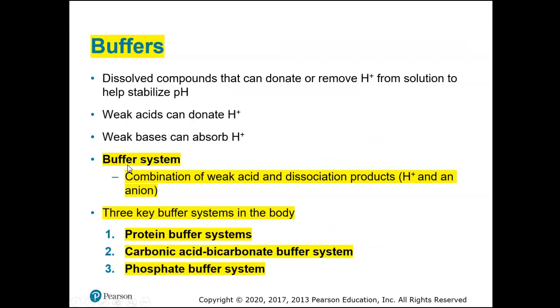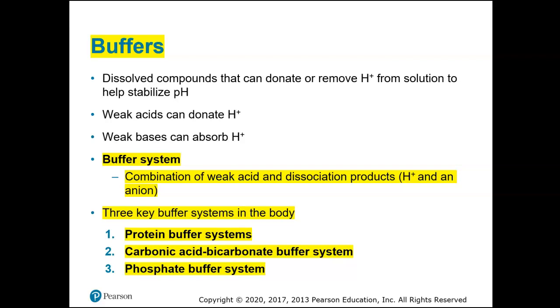We have buffer systems, which are combinations of weak acids and their dissociation products, which include a hydrogen ion and an anion. When your pH is too low, these buffer systems will absorb that excess hydrogen and your pH will rise.